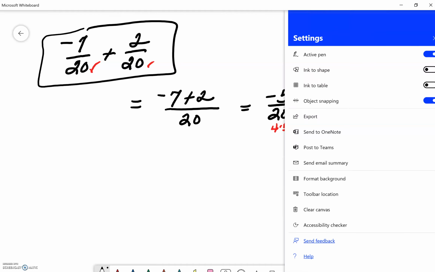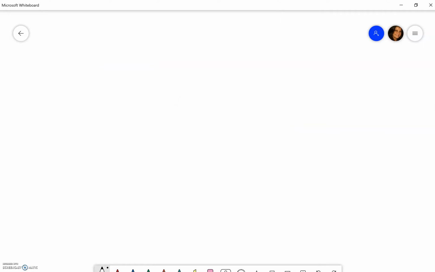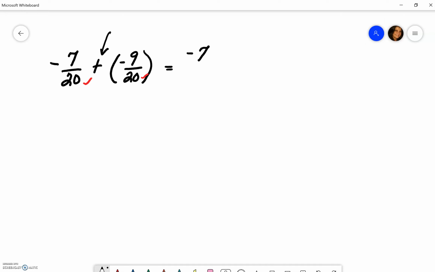All right, let's try number 3. So number 3 is -7 over 20 added to, and we're using parentheses just to protect the negative sign, -9 over 20. First question, okay, we're adding fractions, so is the denominator the same? They are, so we can go ahead and add those up. So I'm just going to rewrite it as -7 plus -9 all over 20.